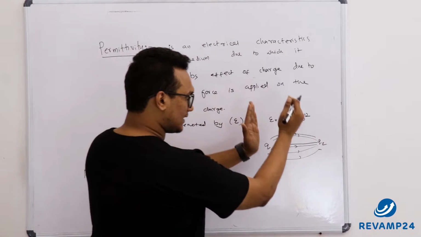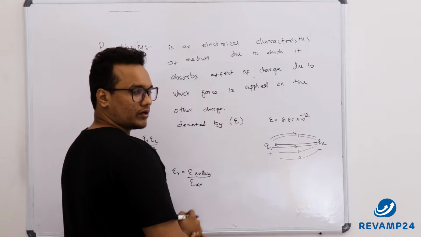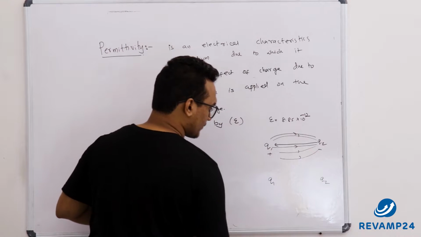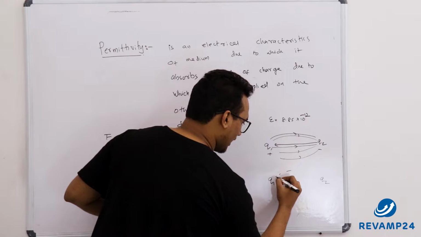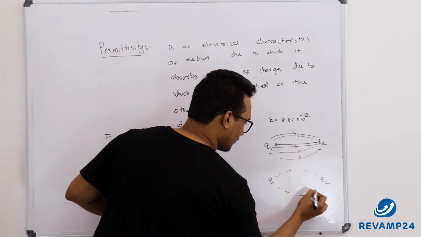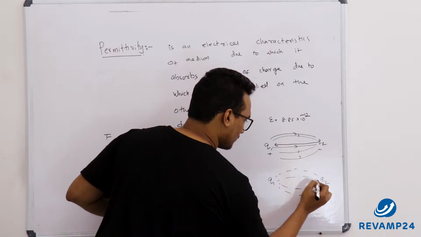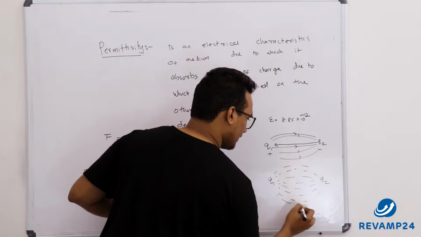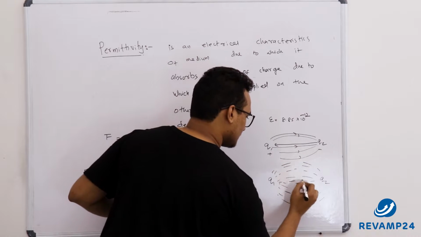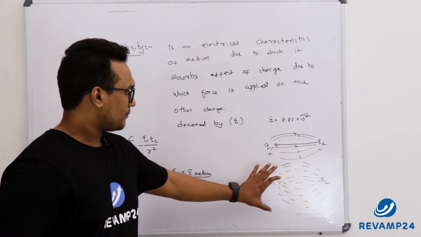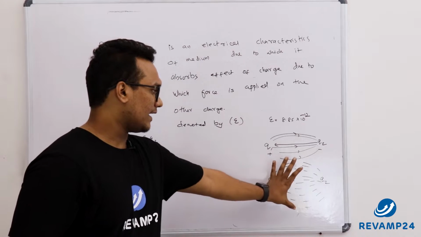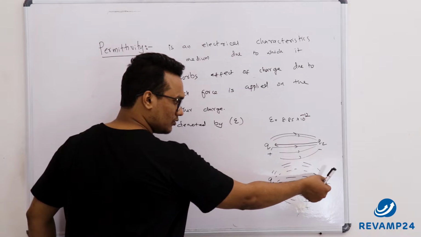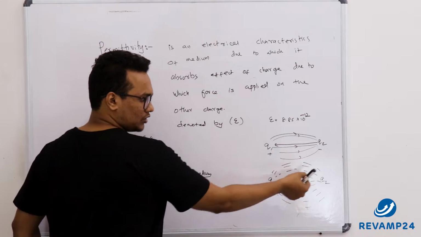But when we are inserting a dielectric or a medium in between Q1 and Q2, what will happen? See, say for example, previously there existed 10 field lines which are attracting Q2 towards Q1.